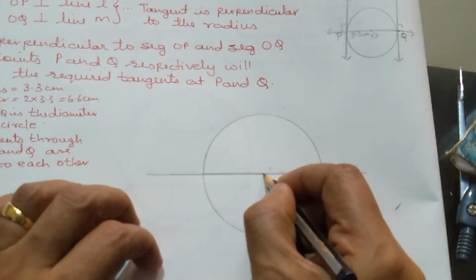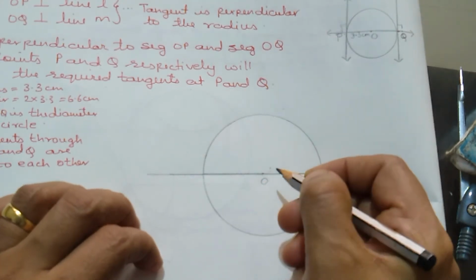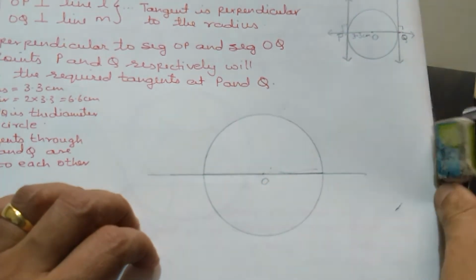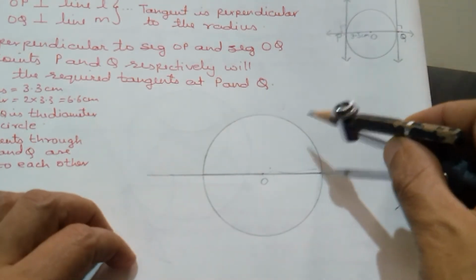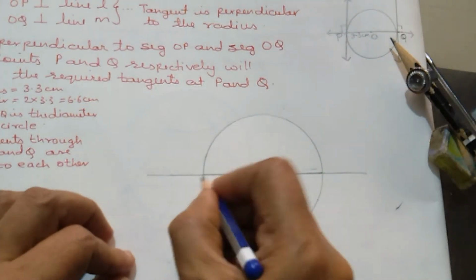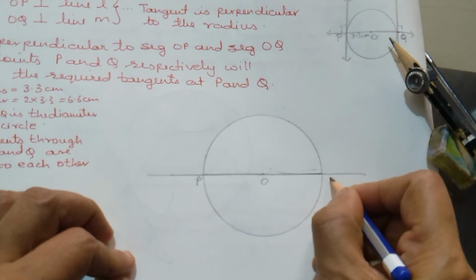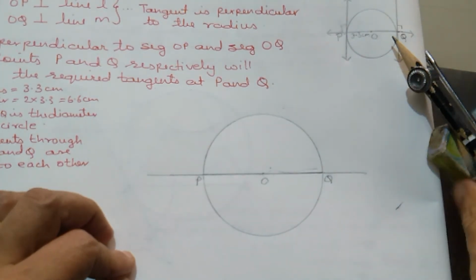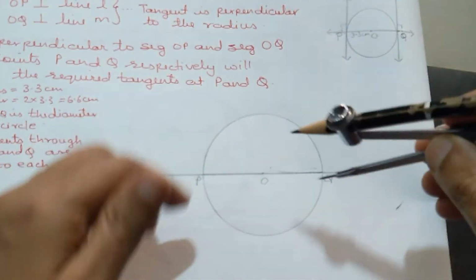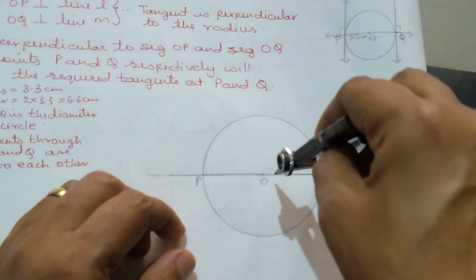Let us take the center as O. Now take the rounder. This is your PQ, P and Q. From both P and Q you have to draw a tangent. So keep at point P and draw two arcs.